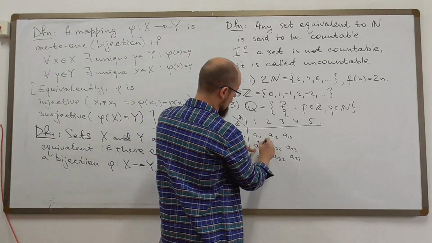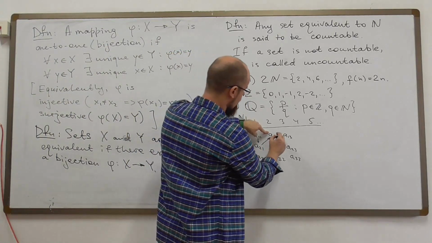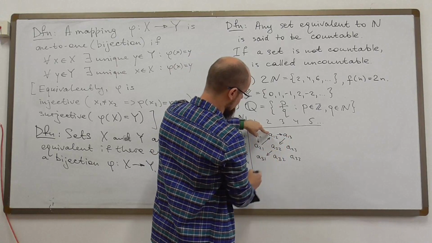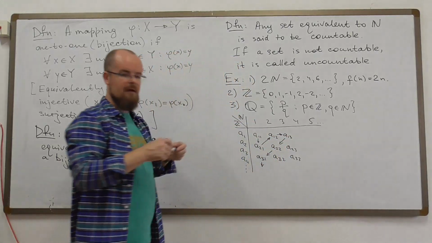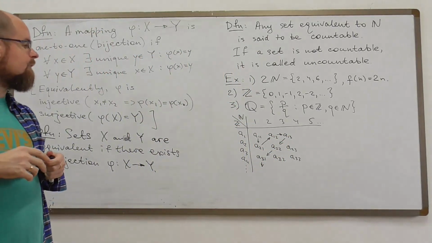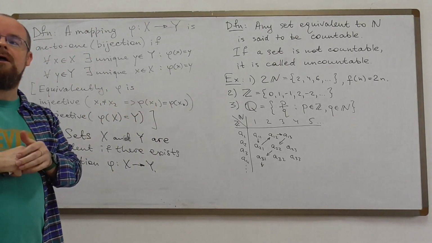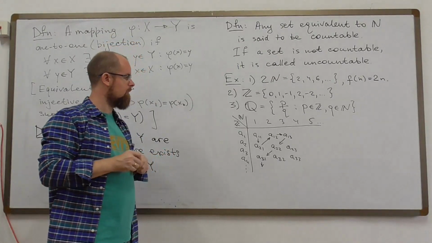From A21, I will go diagonally to A12, then to A13, then back diagonally, and then down. That's the algorithm for counting all the rational numbers. And this proves that the set of all rational numbers is countable.